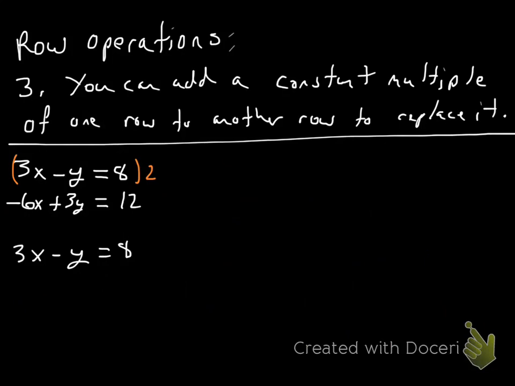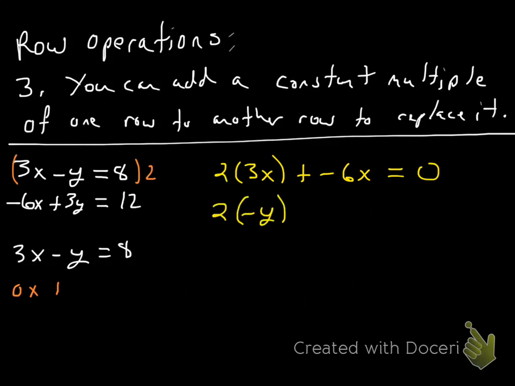So now what's happening is I'm doing 2 times 3x, and then adding it to that -6x, and that's going to give me 0x. Then I'm going to take 2 and multiply by the -y, and add it to the 3y in the equation beneath, and that's going to give me just 1y.